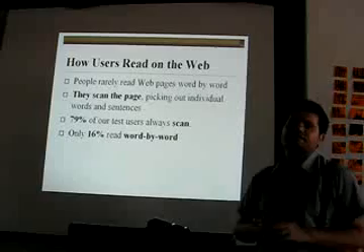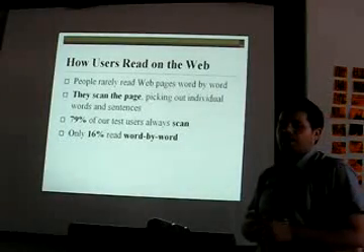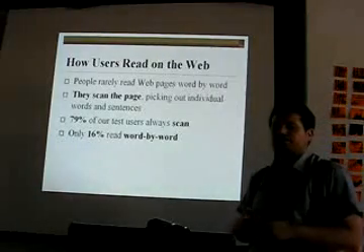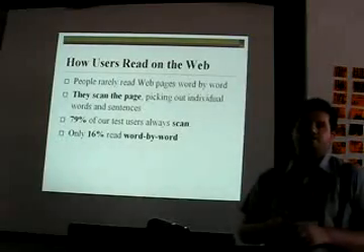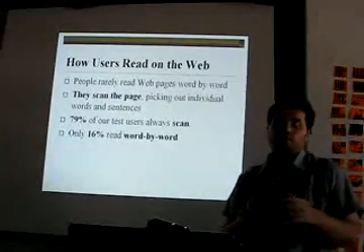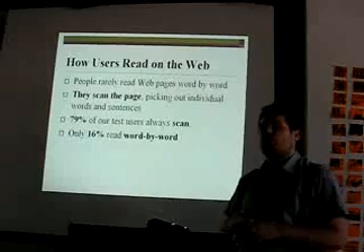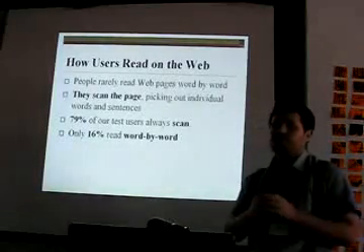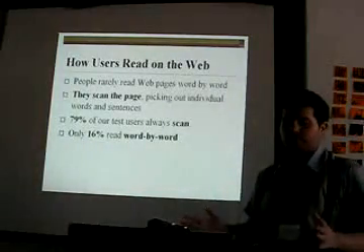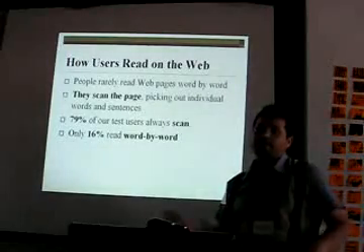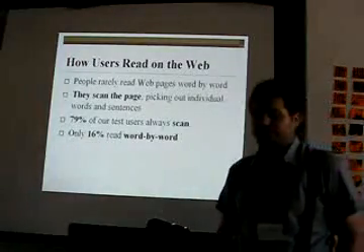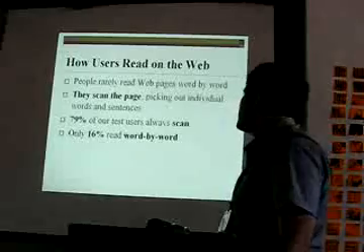In some surveys that were done, almost 80% of the users always scan. They do not read word by word. Only 60% in these surveys show that users read word by word.